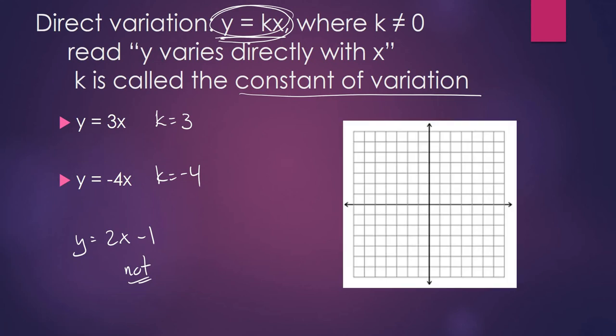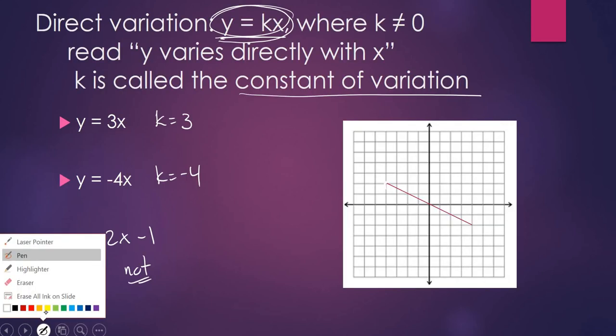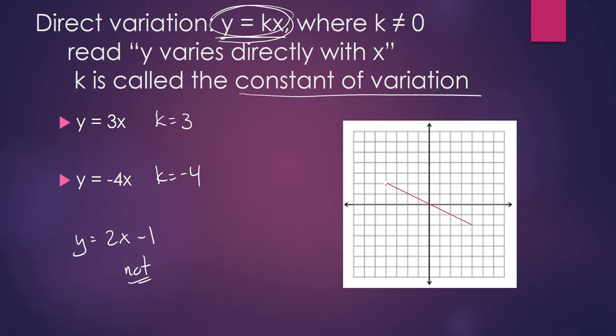Sometimes we see them as a graph. So if we have this graph and it goes through, oops, I need to back it up. It does go through 0, 0, which is a good sign. So let's take a look at this.